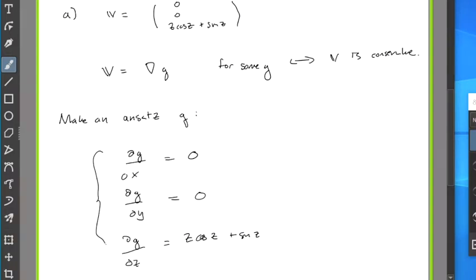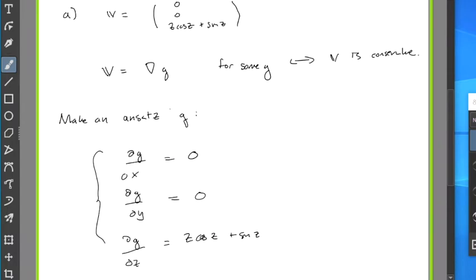If we at some point end up with a contradiction, our assumption that there exists a G is false, and then we cannot have a potential. This will not happen in this case, but you could always just make an ansatz and try and see if there's a potential. If you end up with a contradiction, that means that there cannot be a potential.